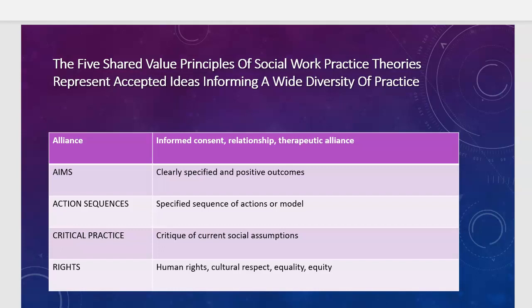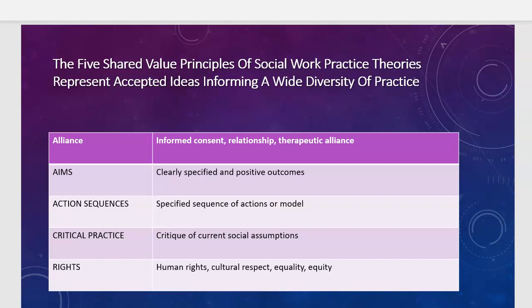Number 2, the shared value on agreement about the aim of the social work treatment or social work practice. Does the theory allow for clearly specified and positive outcomes? In other words, does the theory allow for change?